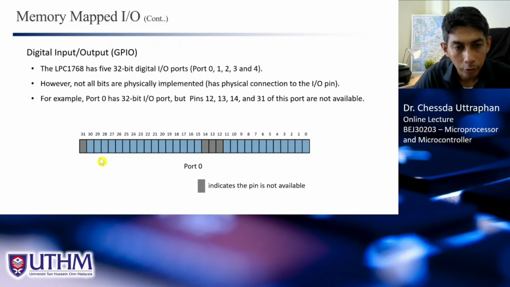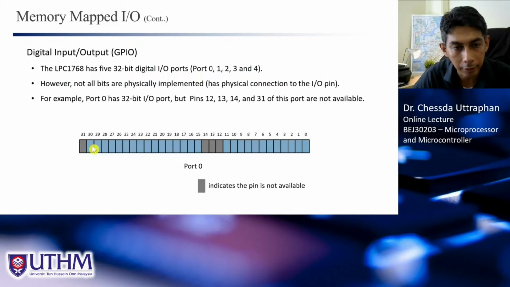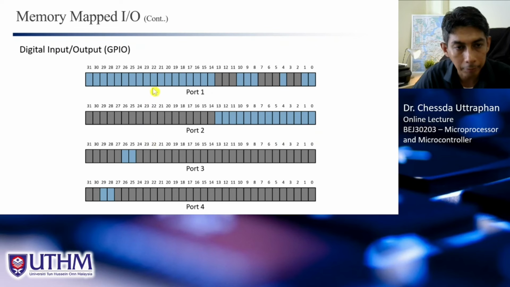All right, so you may ask why we have this. It is because the IO size is big, and it depends on the microcontroller manufacturer whether they want to use all the bits in the port or not. In this case, in the LPC1768, the manufacturer decided to have only this, because if you connect all the ports to pins, you need to have many pins available on your microcontroller.